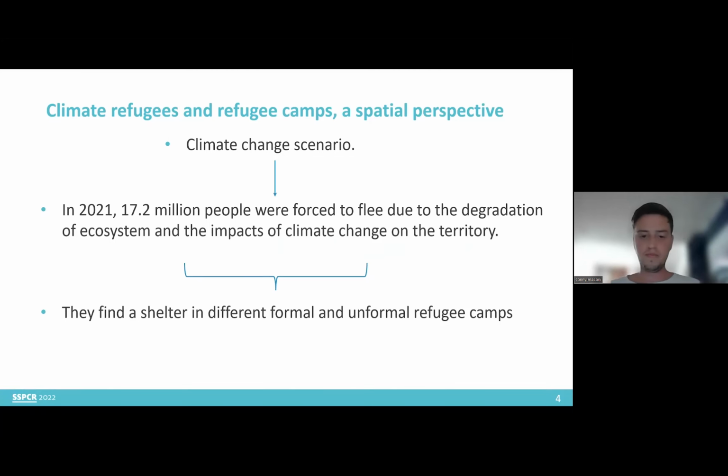So before starting our work, we said, okay, we can analyze through GIS an issue regarding refugees and refugee camps. But we have to understand that the space that we are going to analyze is a space where the cluster of issues could overlap and could be analyzed through GIS in a certain sense.